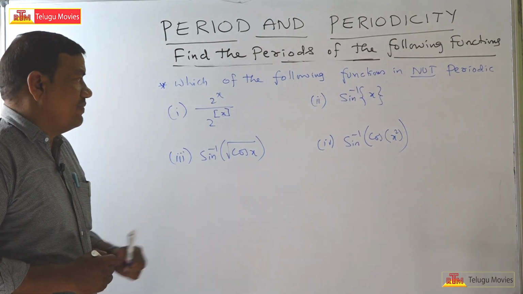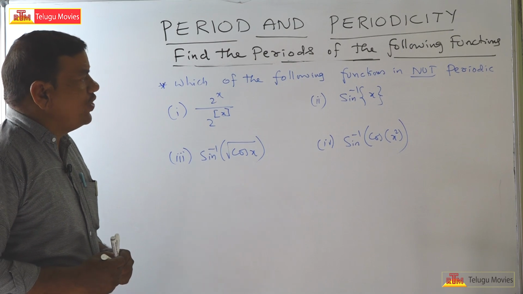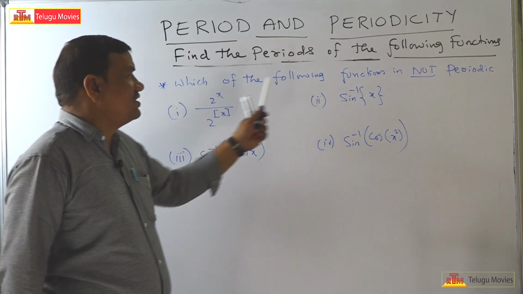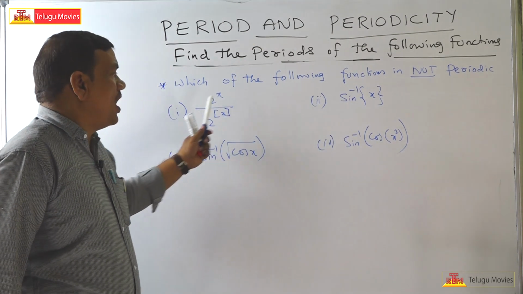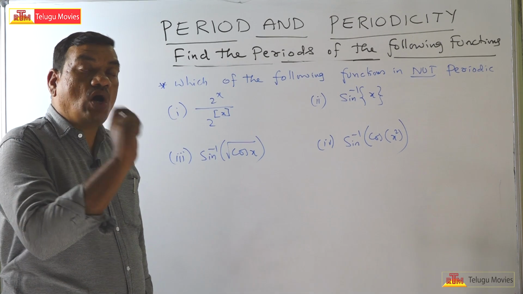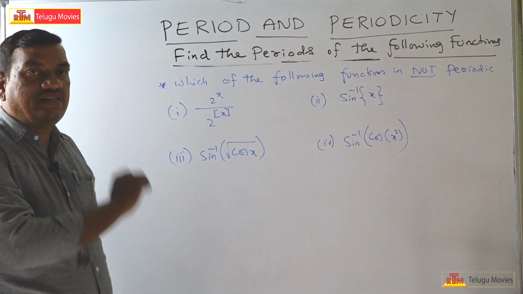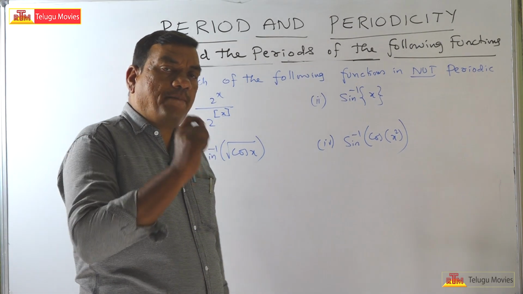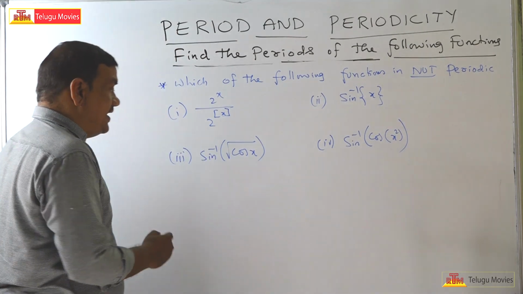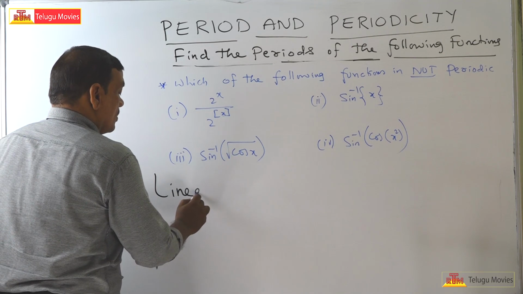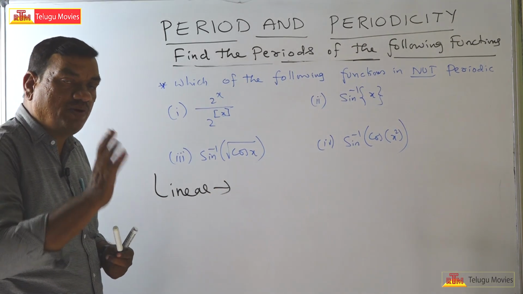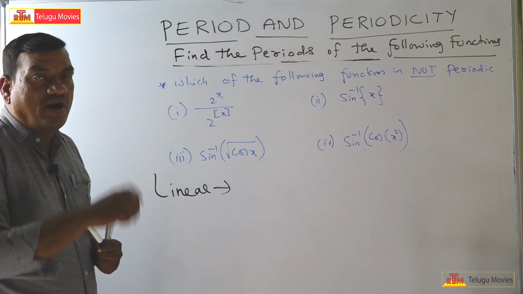Here, the problem is, which of the following functions is not periodic? Four functions are given: 1, 2, 3, 4. Out of that, which is not periodic? Always remember that a periodic function should be linear. Why?